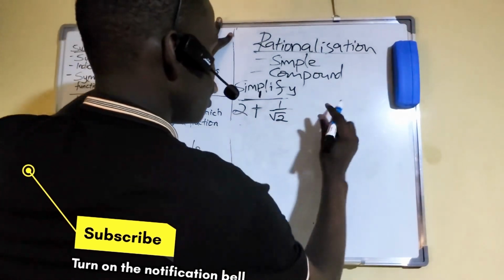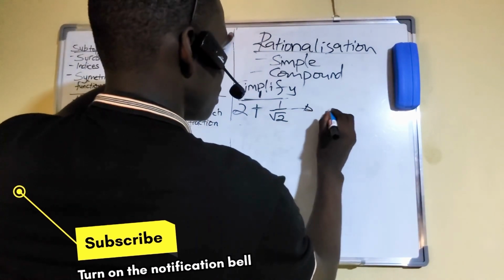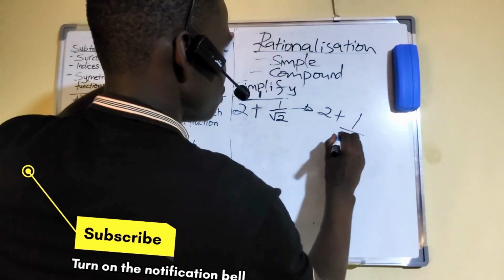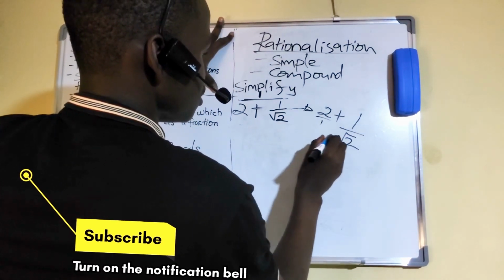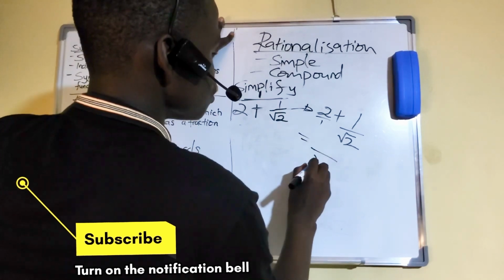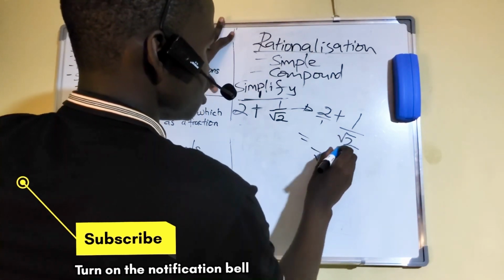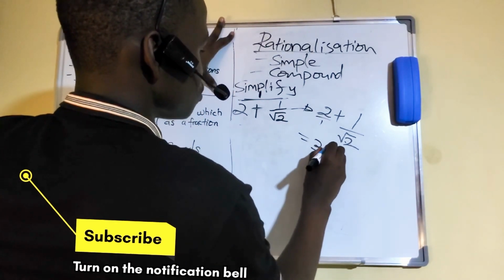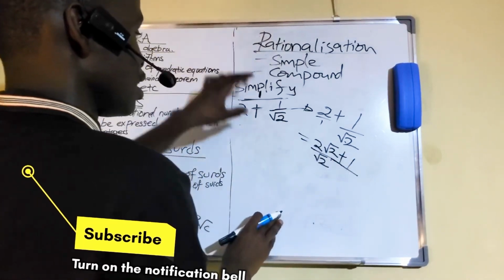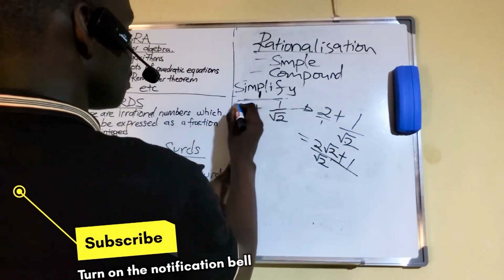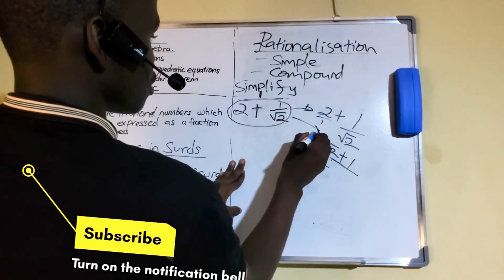Because this alone can give us, if I bring this here, 2 plus 1 over root 2, I shall have, this is out of 1, this gives me root 2 times this, that is 2 root 2 plus 1. This is what I get after simplifying this whole thing here.